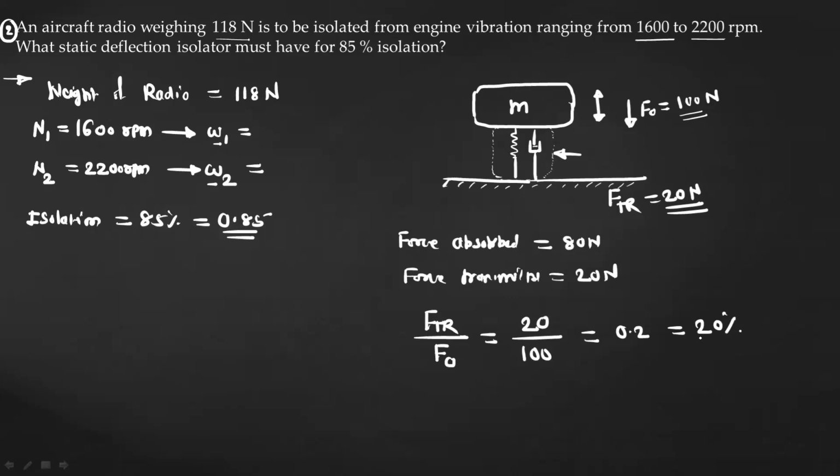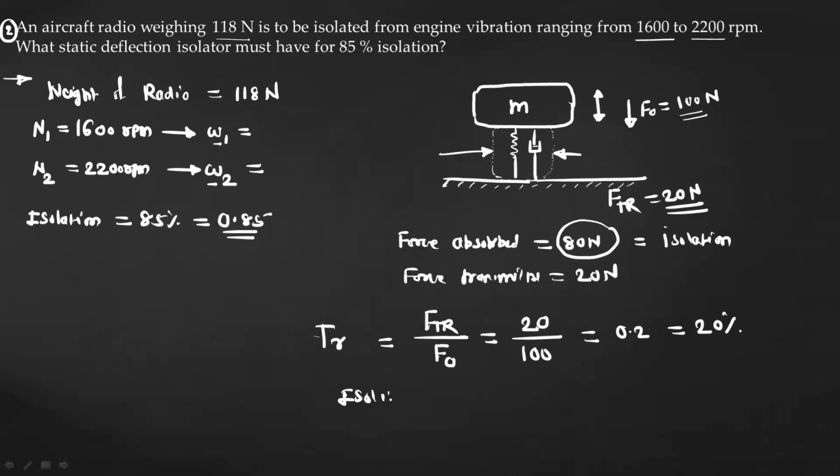So only 20% force is transmitted to the foundation. This is called transmissibility, represented as TR. So what is the isolation? Isolation provided by this isolator is nothing but 1 minus transmissibility. That means 80% is absorbed. This is called isolation.